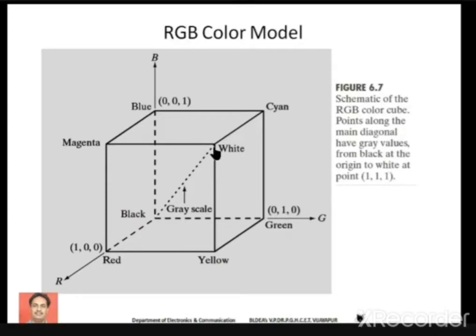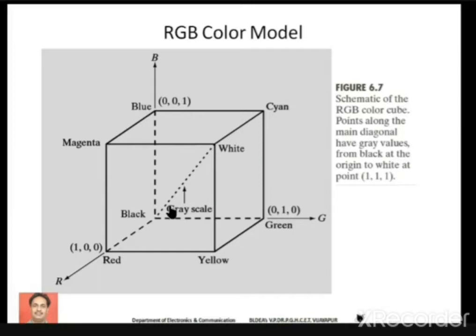The line joining black and white is called the grayscale axis. The line which joins the origin of the cube, black, and the opposite point, white, we call grayscale.